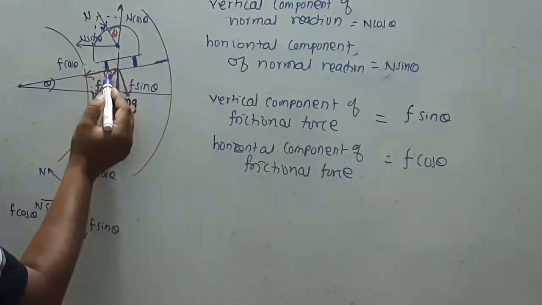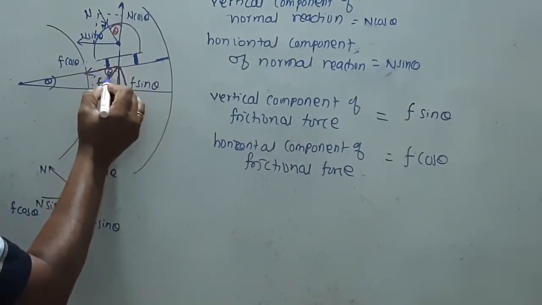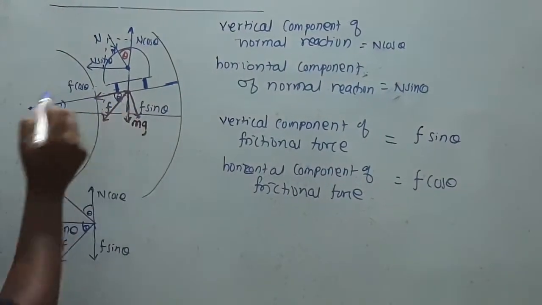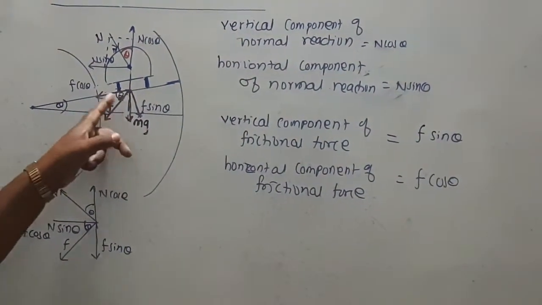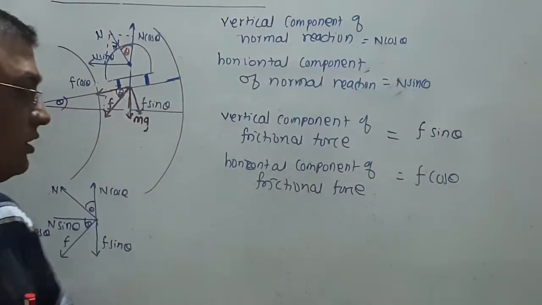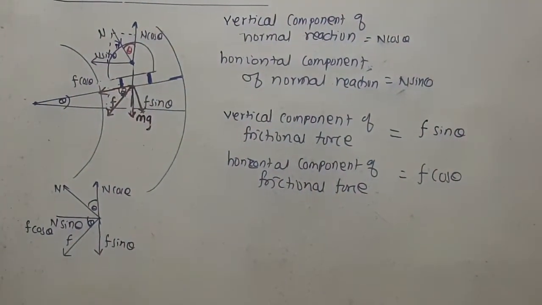This is the theta angle, and if you consider this as the hypotenuse, adjacent upon hypotenuse is cos of theta. So from that you get the horizontal component as f cos theta.